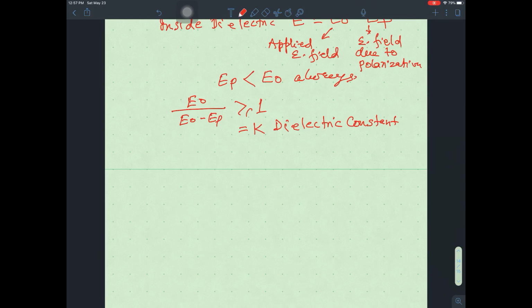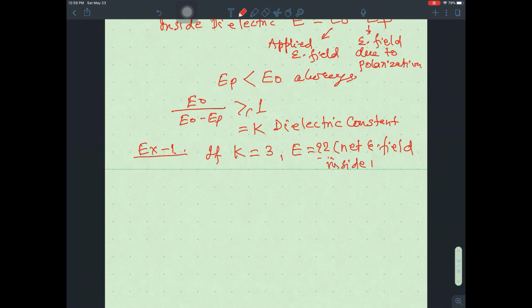Dielectric constant means what? One example I would like to tell you. If K is equal to 3, then what is E? E is the net electric field inside the dielectric.